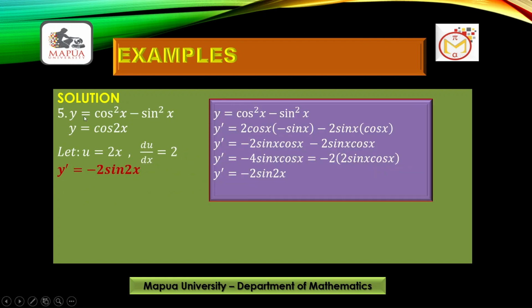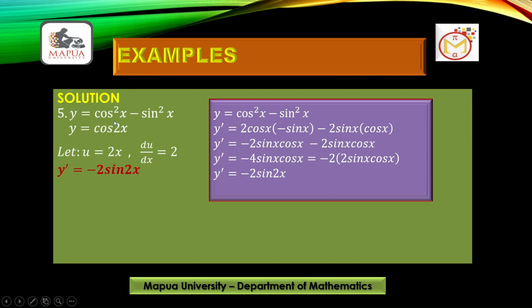For number 5, we have y equal to cosine squared x minus sine squared x. This can also be simplified as y equal to cosine 2x, from the identity that cosine squared x minus sine squared x is equal to cosine 2x. So we can simplify it by using that identity.